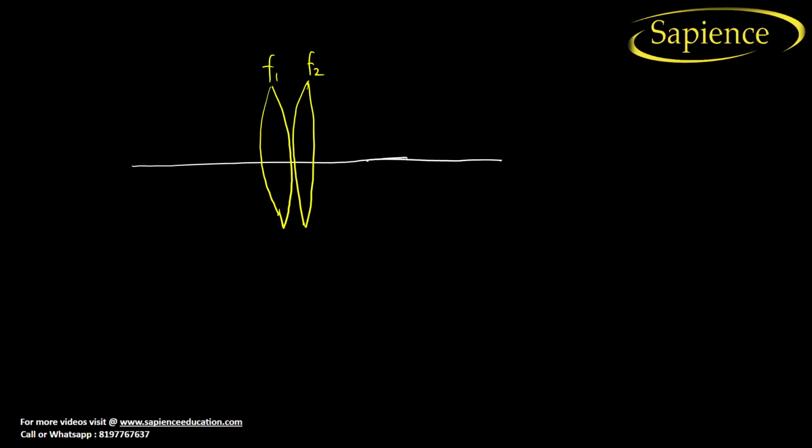Now let us place an object. Let us consider there is an object at this point, and it has an object distance of u, and this is optical center 1, and this is optical center 2, and this is an object. Now a light ray is coming from the object. So what will happen? Light rays are coming out of the object.